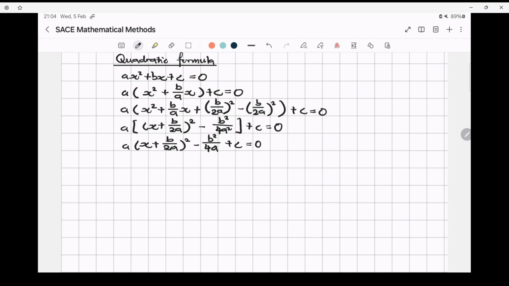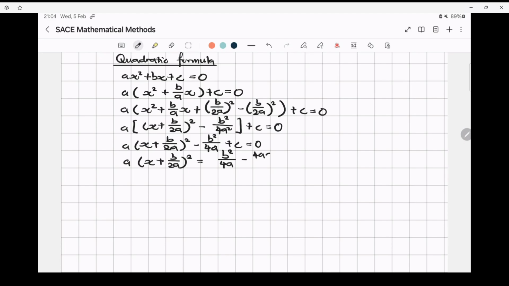So now you start to move the minus b squared over 4a to the right hand side. So a multiplied with x plus b over 2a, squared, equals b squared over 4a minus c.